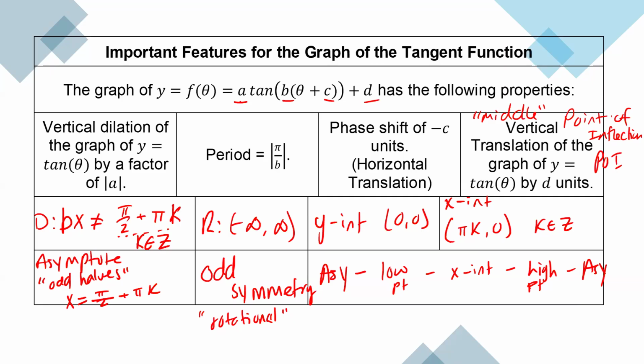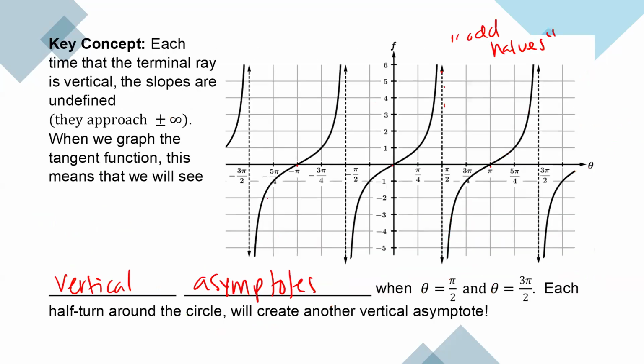Okay, so let's go back and look at that on our table. So what I was saying is you're going to have a low point. So notice that there is a low point, right? So here's our asymptote, a low, an x, a high, and then an asymptote. And that pattern keeps repeating.